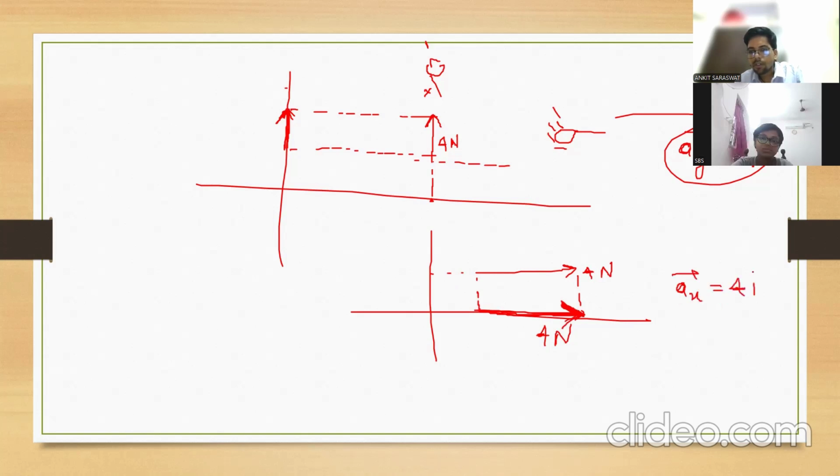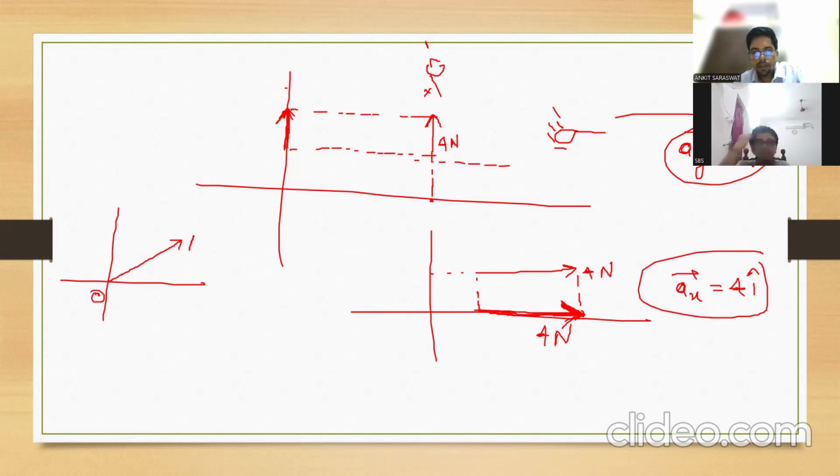I'm telling you, see, if a vector is like this, OA, making an angle theta, then how to find the shadow? From A, drop a perpendicular. If you want it on the x-axis, drop a perpendicular. This is the shadow. Similarly, on the y-axis, drop a perpendicular from this point.